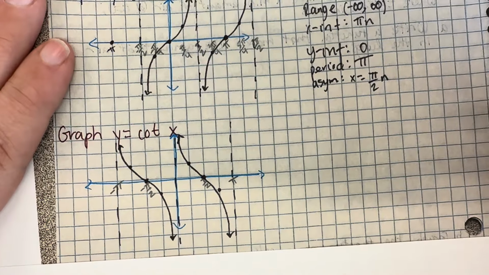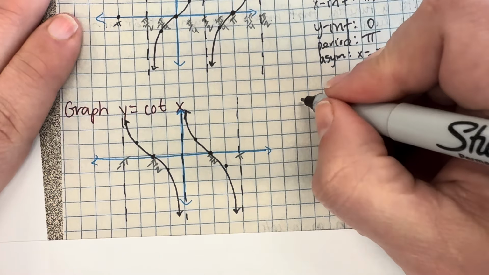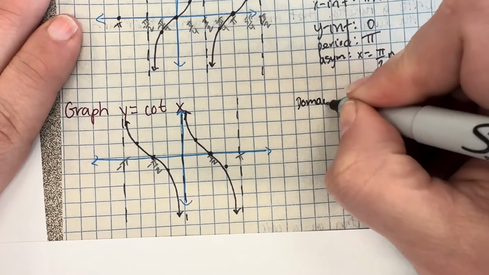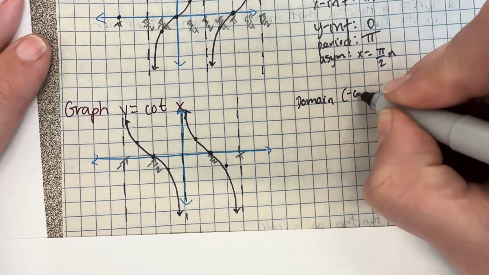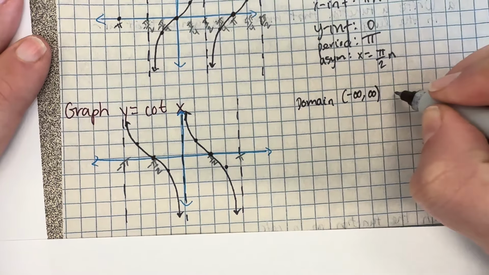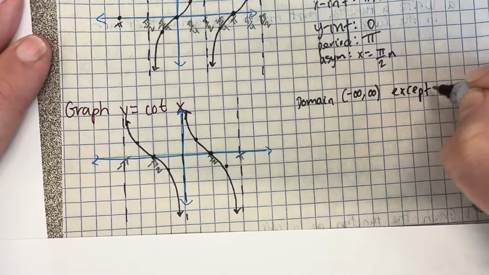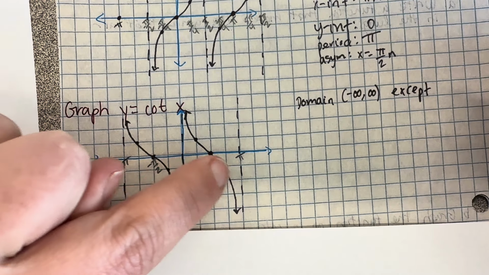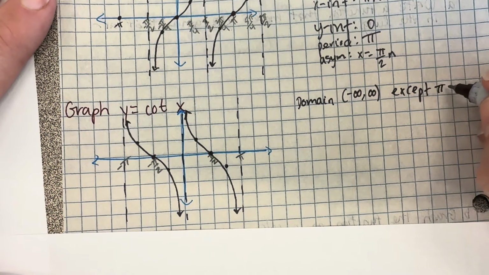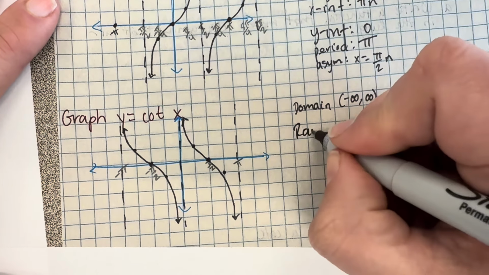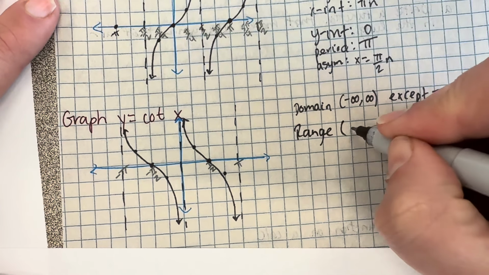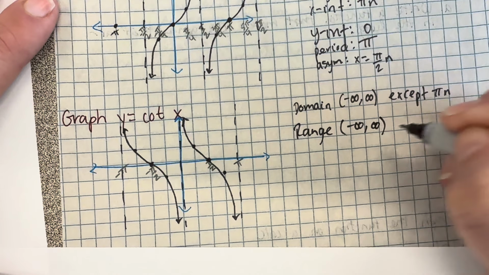All right, so let's take a look at those important things that matter for my cotangent. The domain of my cotangent is going to be the same. We got all real numbers, except it's not going to happen at all of them. It looks like here we're at pi and the units of pi, those are not going to work. My range, same thing, that goes on to infinity.